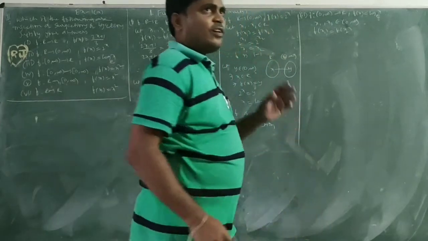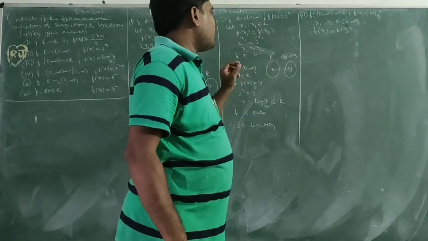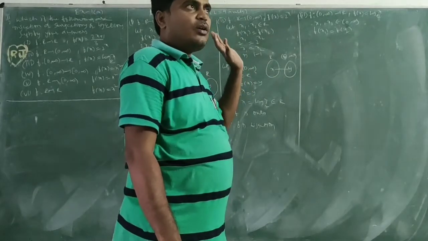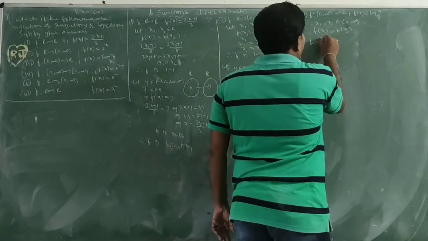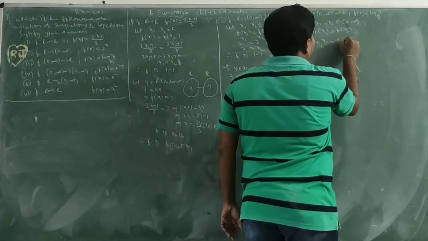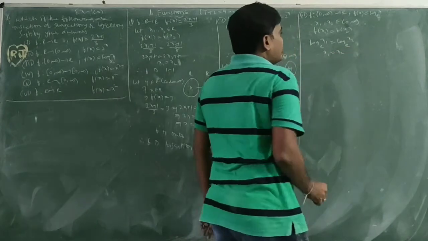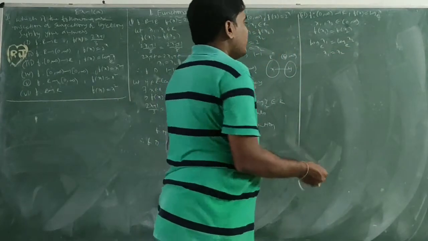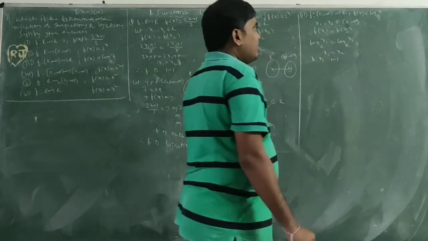In a one-one function we take the elements from the domain; in the onto function, the first element we should keep from the codomain. So f of x1 equals f of x2: log x1 base e equals log x2 base e, so x1 equals x2. Therefore f is one-one. Here also it is one-one.